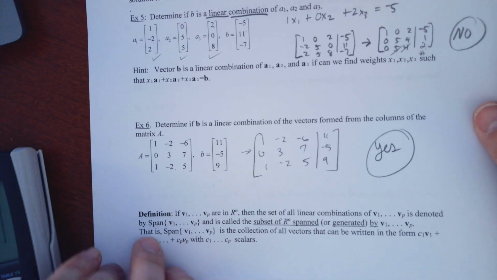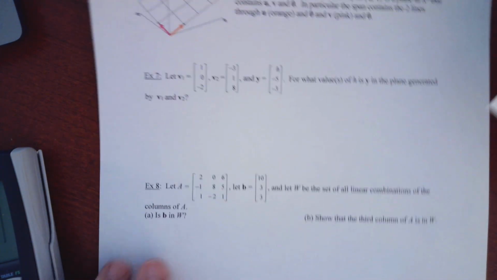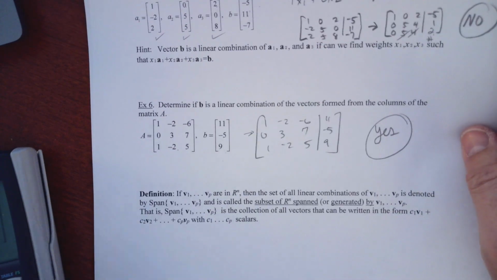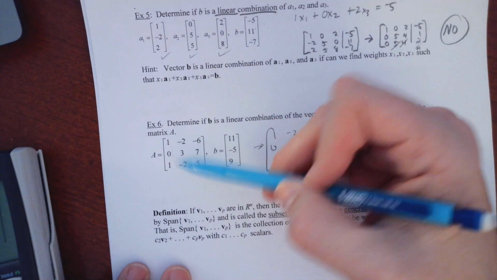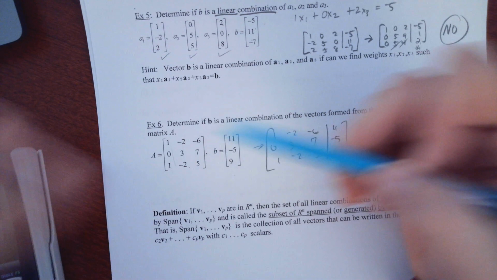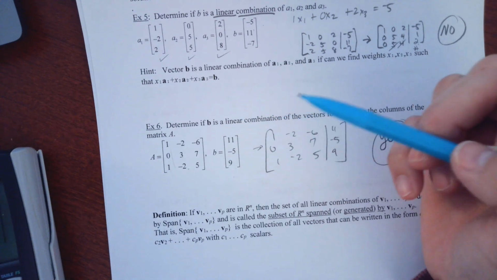Okay, all right. So a little definition here: span. The span of a set of vectors is all the possible linear combinations of those vectors.